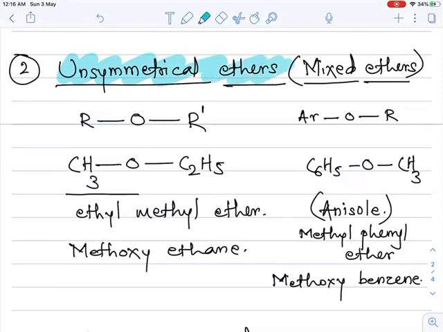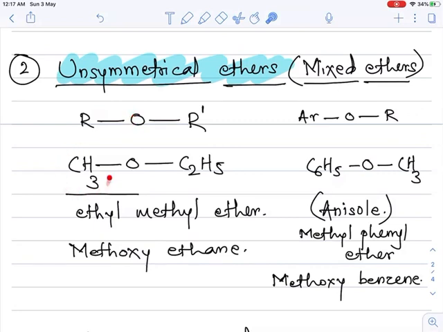If you observe the ether functional group O, it is attached on both sides to different alkyl groups, so the general formula is ROR' or ArOR, meaning different alkyl or aryl groups are present on both sides of the ether functional group, that is O.